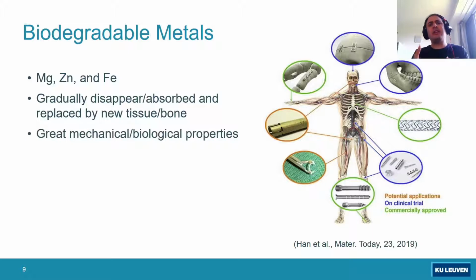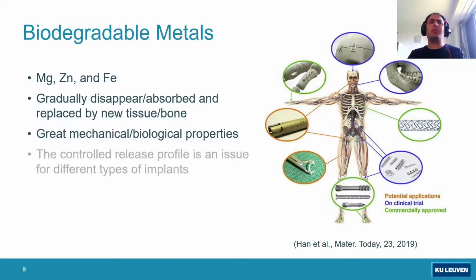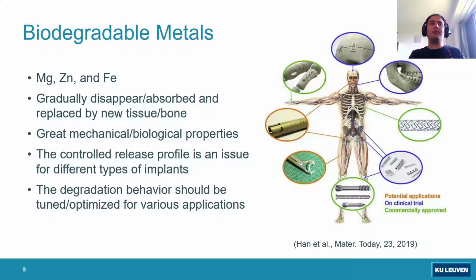And they have great mechanical and biological properties. But the problem is we need to tune the release profile, because it's really difficult to predict how they release material and how they degrade inside the body. So this degradation behavior should be optimized and tuned for different applications.